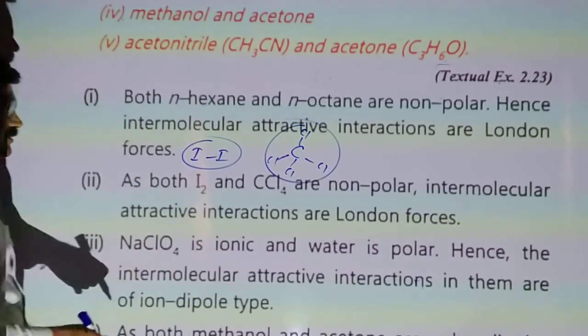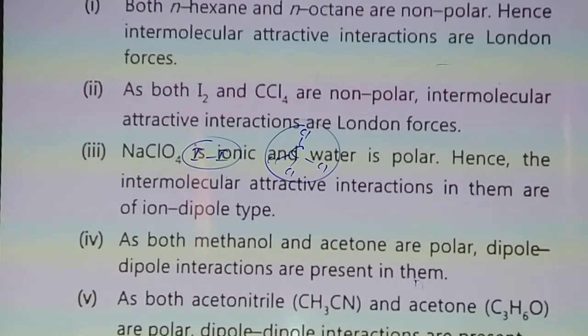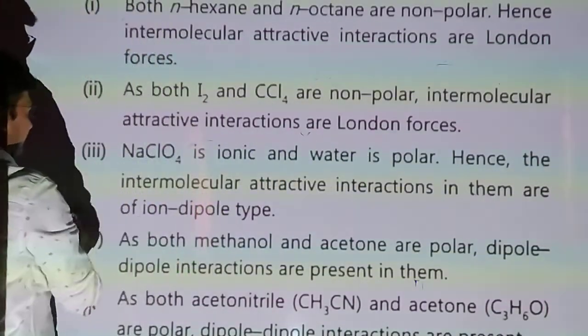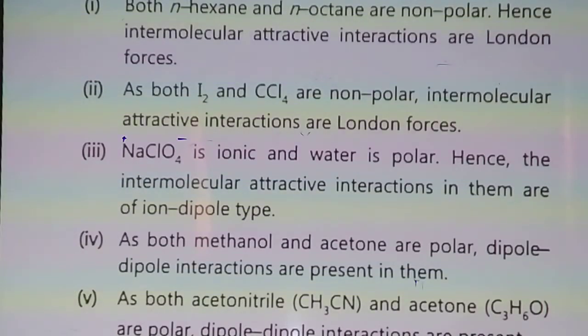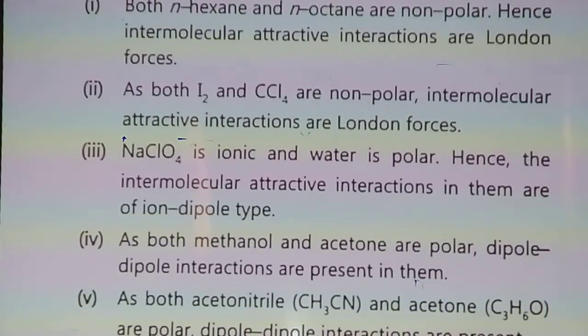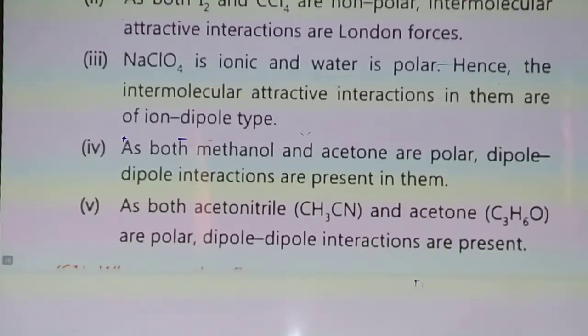So non-polar molecules possess only London force interaction between the two. NaClO4, sodium perchlorate, is ionic. Water is polar. Hence, the intermolecular interactions between them are of the ion-dipole type. Ion-dipole attraction occurs between them.